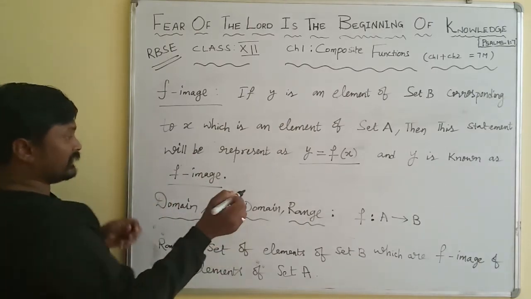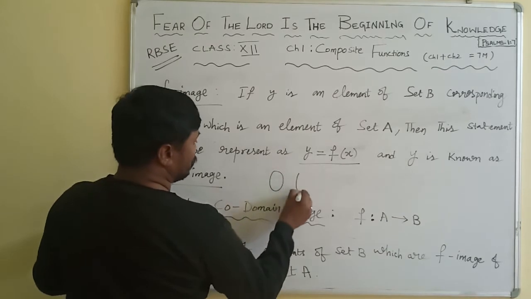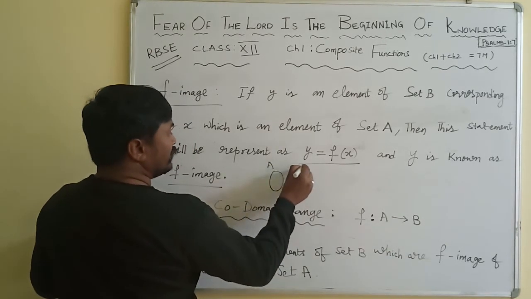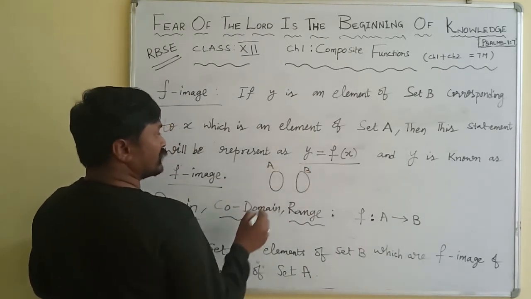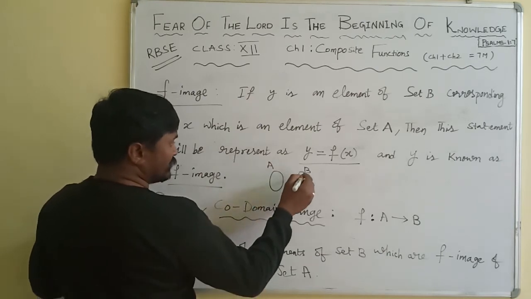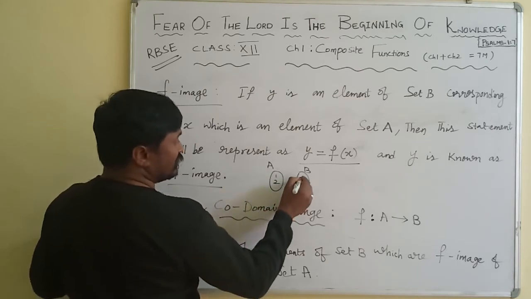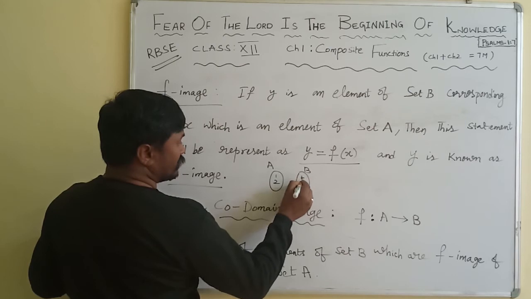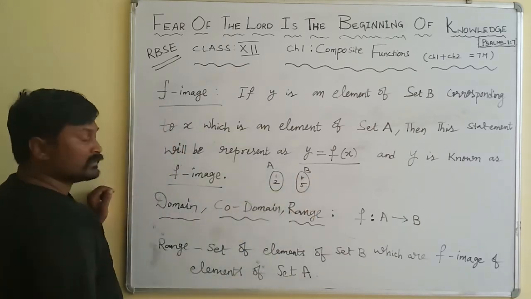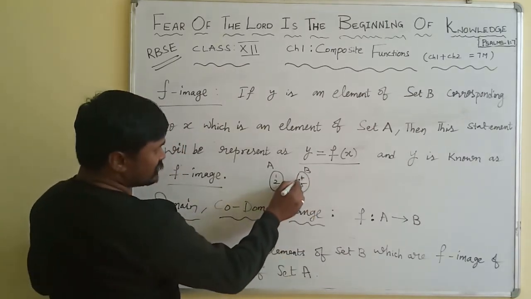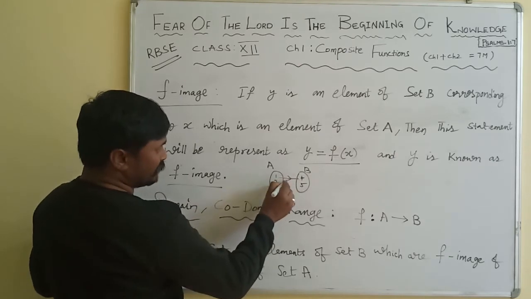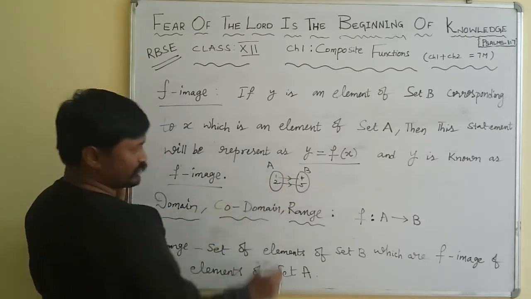I can show you in a diagrammatic form and you can understand. A and B are there. For example, this part we may represent as x, so I'll write 1, 2, and this I may write as 4 and 5. Now 1 is connected with 4, and 2 is connected with 5.